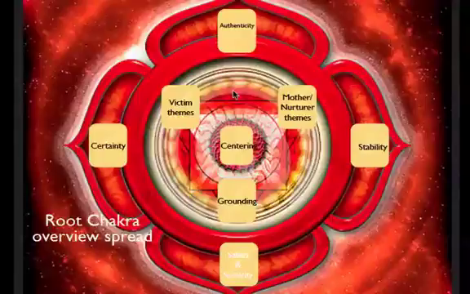So the very first one that we're going to be bringing forward for you this week is the root chakra overview spread. And it's for guest number, let me see if I get this right. Our reader circle members actually get to be the guests for these readings, which means that the demo readings are actually for them, but I keep them in anonymity by giving each reader circle member a guest number.